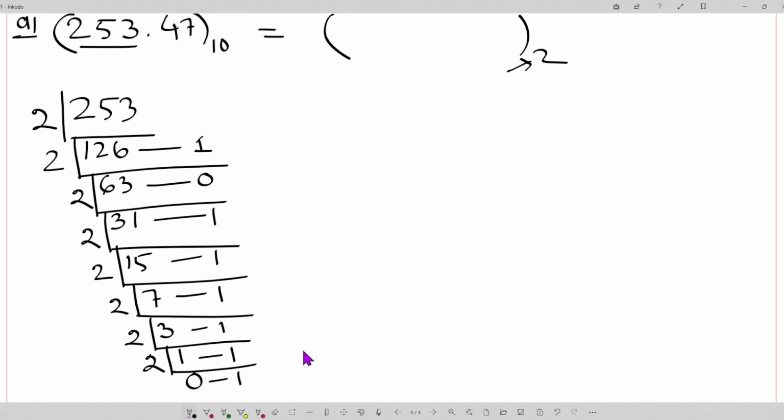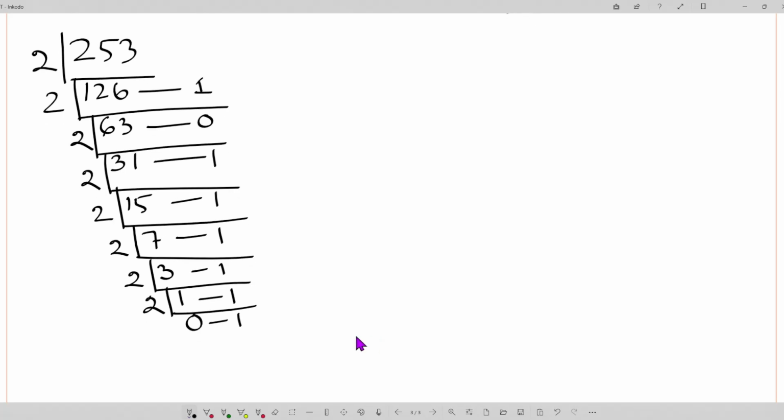and remainder 1. So, what is the most significant bit? At the bottom, this one is the MSB, which is the most significant bit. So, we will write from here to the least significant bit, LSB, right.